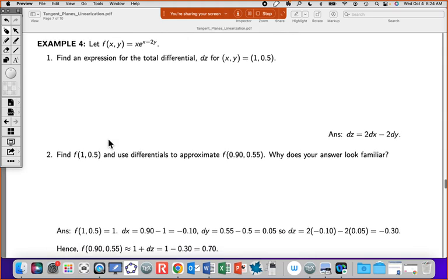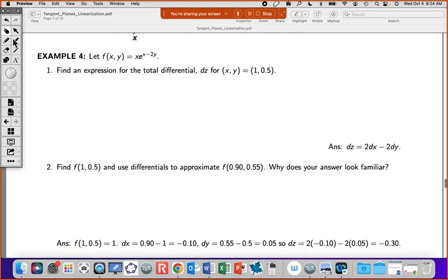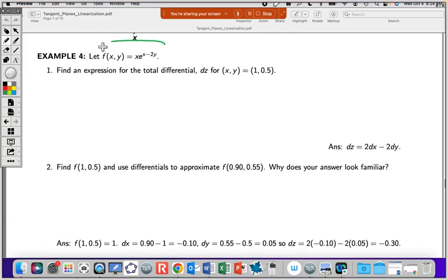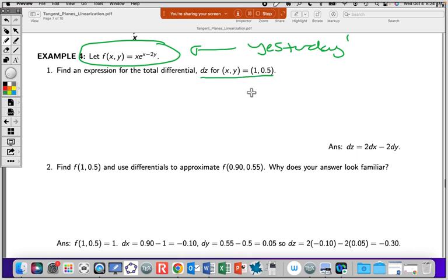All right, so for example 4, we're given a function f of xy equals x e to the 2y. Does this look familiar? This is the exact same one we had yesterday. Find an expression for the total differential dz at the point 1, 0.5.